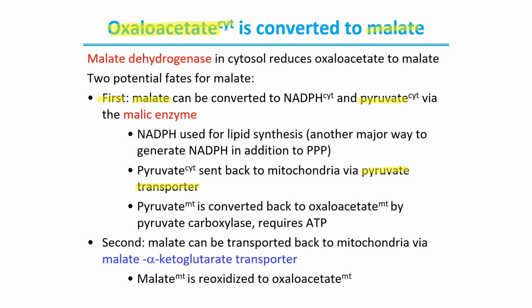Then the pyruvate is going to be converted back to oxaloacetate, and this process requires ATP. In the second method, malate is directly taken out by the malate alpha ketoglutarate transporter, and once in the mitochondria it will be converted back to oxaloacetate. So these are the two shuttle systems or two transporters that take oxaloacetate from the cytoplasm back into the mitochondria.